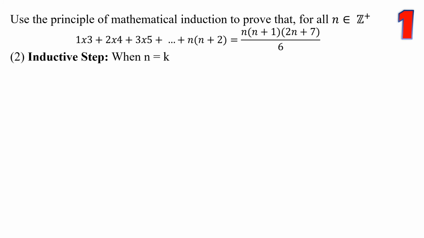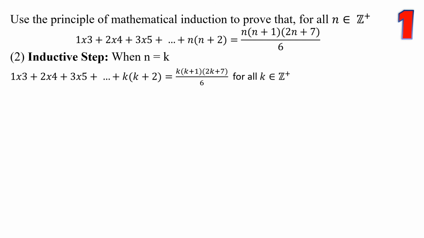First, let us assume that when n is equal to k, this statement, 1 times 3 plus 2 times 4 plus 3 times 5 until k times k plus 2 is equal to k times k plus 1 times 2k plus 7 all over 6, is true for all k element of positive integers. That is, the integer k is greater than or equal to 1.